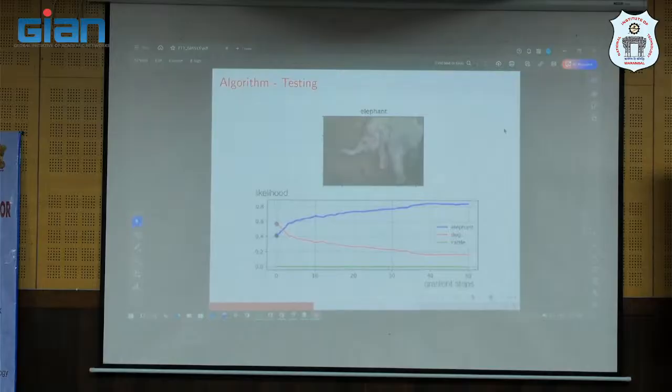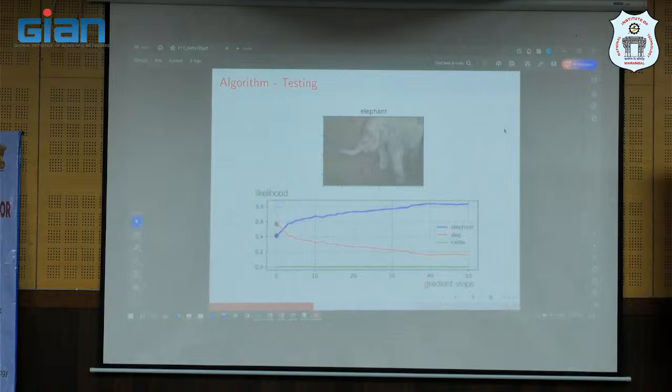And now if we update the gradients, if we update the network parameters using the self-supervised task, you can see that the likelihood of the elephant is increasing, which means the network is giving the correct label when we update the network parameters based on the input.